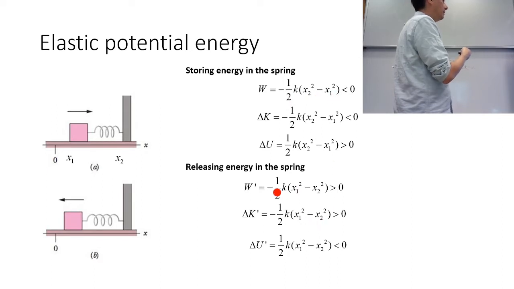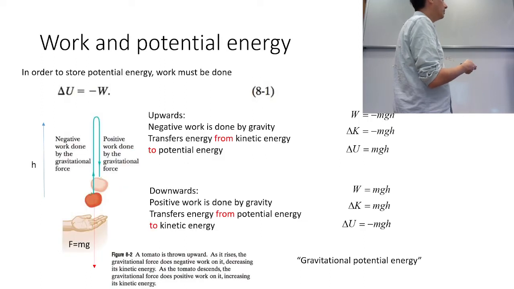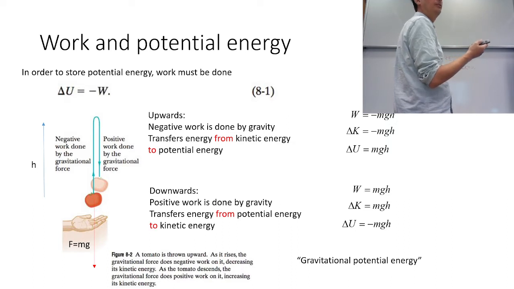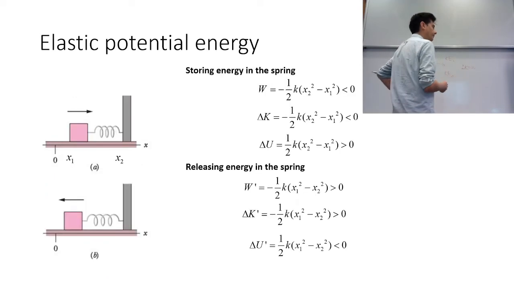This is minus half k (x1 squared minus x2 squared). So this is exactly the negative of that one. This was also true over here. This first leg was the same as the second leg in magnitude, but with the opposite sign. So they were numerically exactly the same.